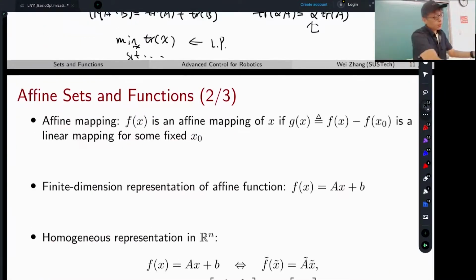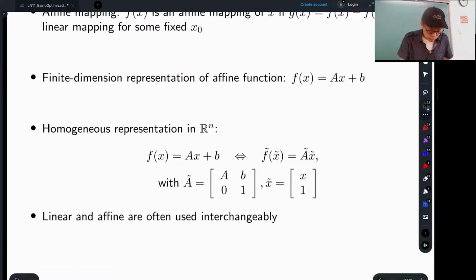Now let's be a little bit more like a mathematician. So we start distinguishing linear and affine. Sometimes linear and affine are used interchangeably.